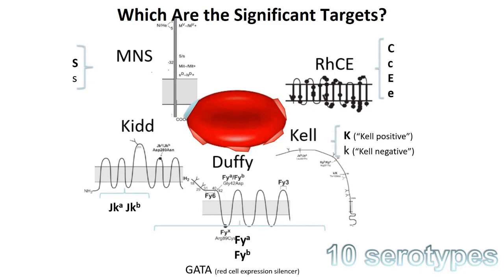And so when we talk about more extended or high fidelity matches, the 10 serotypes that we're usually talking about supermatching are the C's and E's, the big K status, the Duffy antigen profile, the Kidd antigen profile, and whether one is big S positive or not.